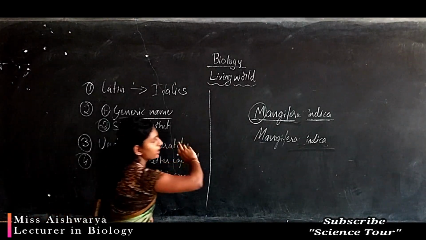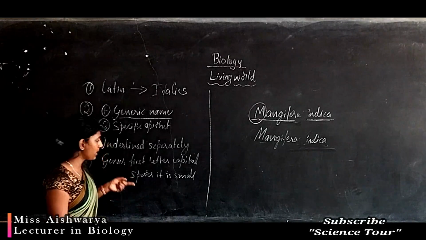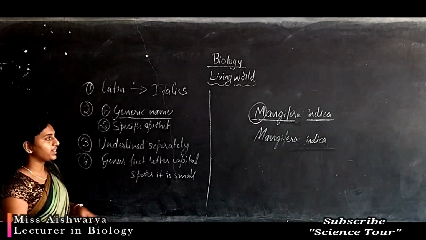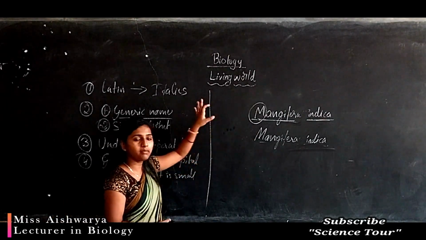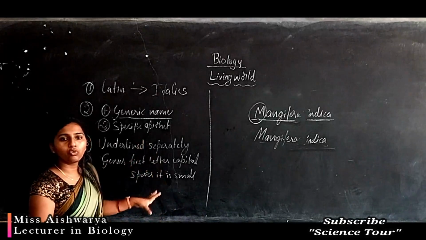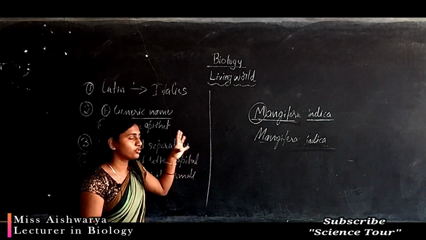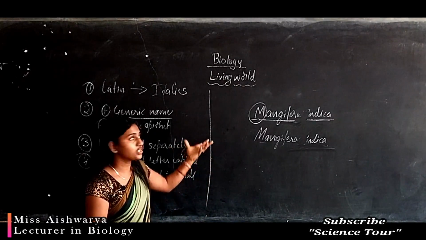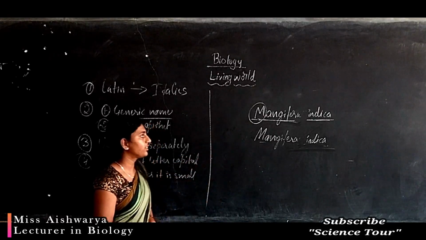Always the genus name's first letter should be capitalized and the next name should be in small letters. These are the basic rules to write the scientific name. These rules are followed by all biologists, and you are also studying the biology subject, so you are also a biologist, so you should follow these rules while writing the scientific name.